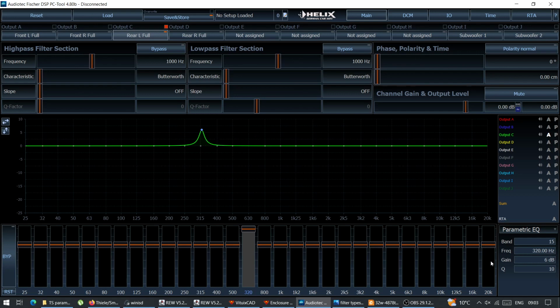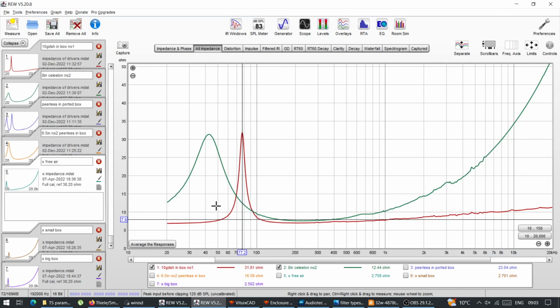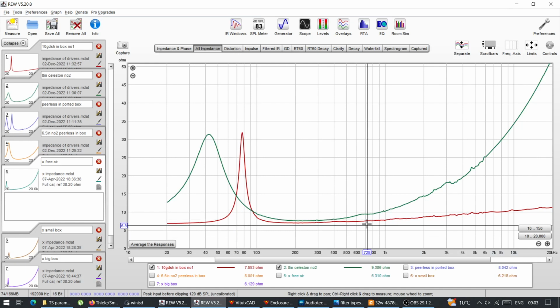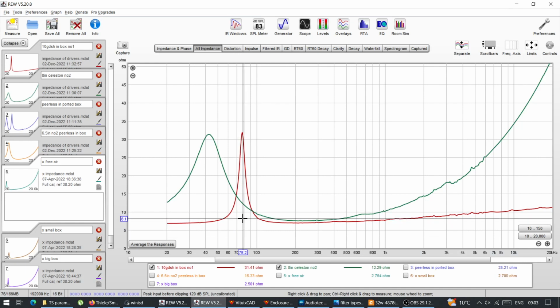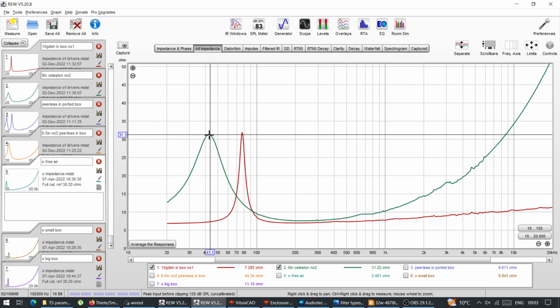Remember, exactly the same: low Q, wide; high Q, narrow. If you compare these two drivers, you can assume that this red one has a higher QES than the green one, because QES is defined exactly the same way.